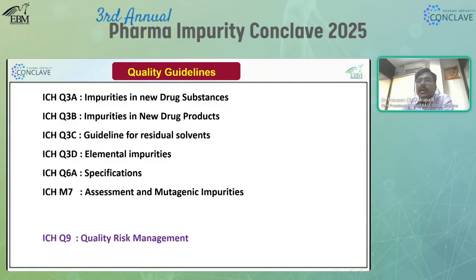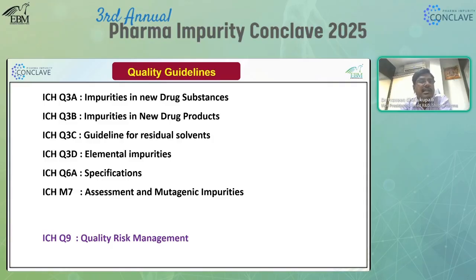These are the major guidelines for controlling impurities. ICH Q3A defines impurities in drug substances, and ICH Q3B gives the details of impurities in drug products. ICH Q3C is the guideline for residual solvents, and Q3D is for elemental impurities.